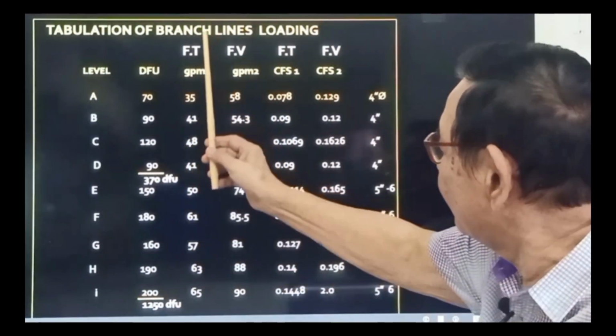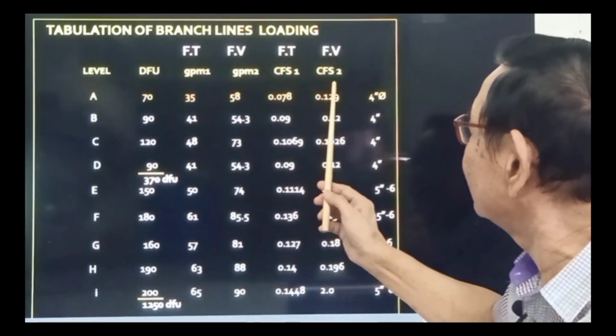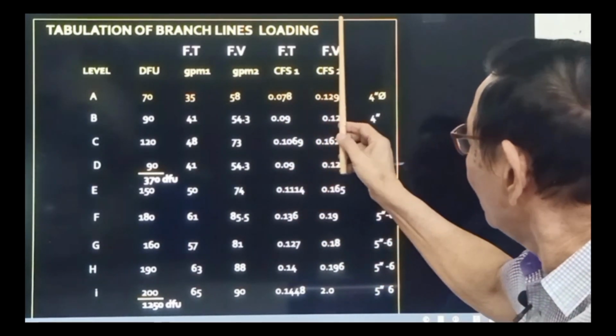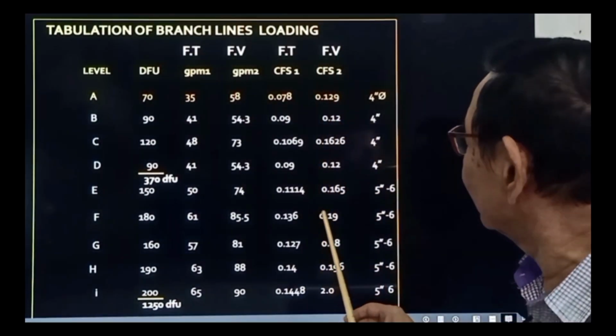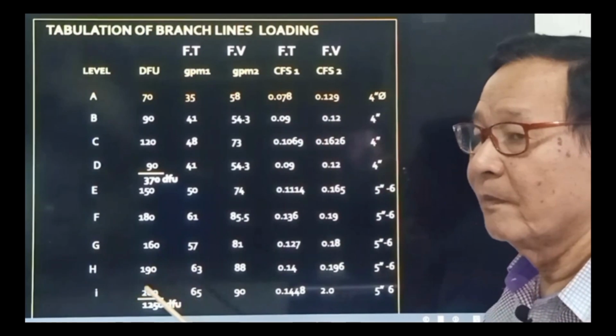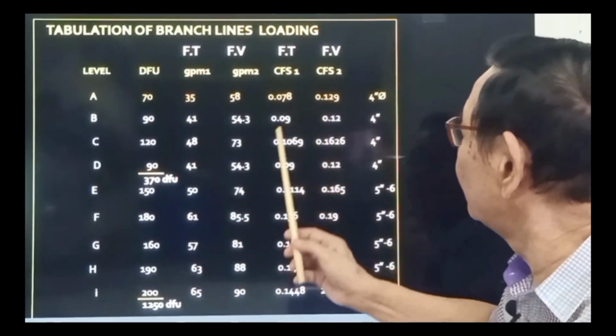So for all the levels, whether it is cubic feet per second or gallons per minute, we are using this column, the flush valve. It's the greater volume of flow.